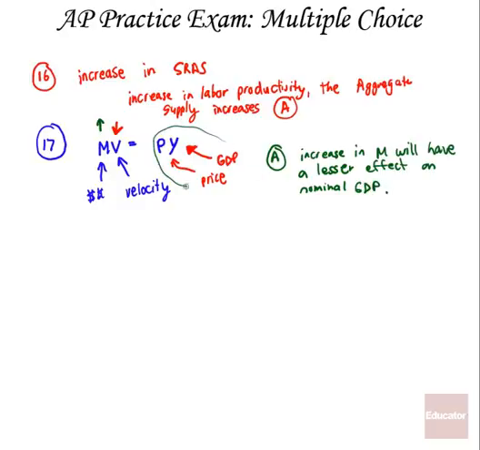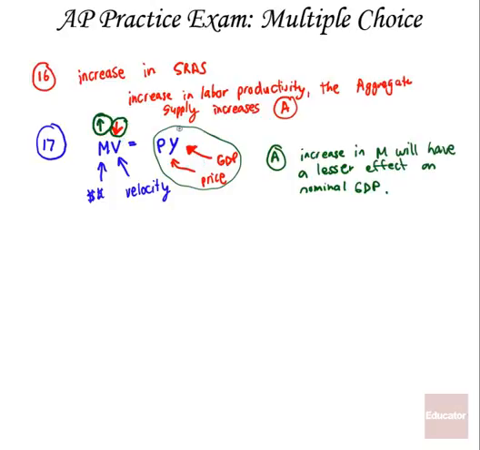Okay, because here's the nominal GDP. So if velocity goes down, then if you counteract that by raising the money supply, it's not going to have as much of an effect.